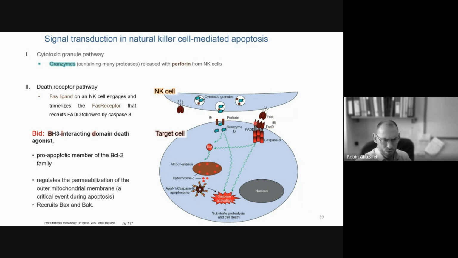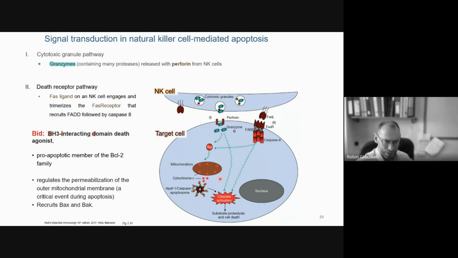So we looked at two processes, intrinsic and extrinsic, and we saw that apoptosis can occur in a mitochondrial dependent manner, with release of cytochrome C and formation of the caspase 9 apoptosome, or can occur in a mitochondrial independent manner.